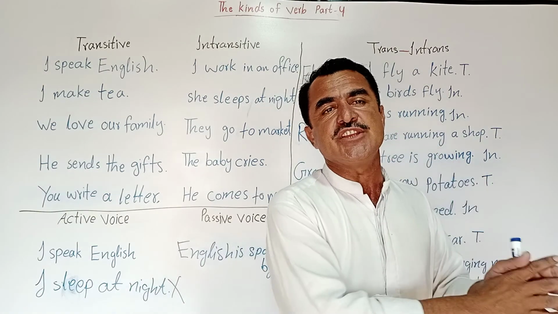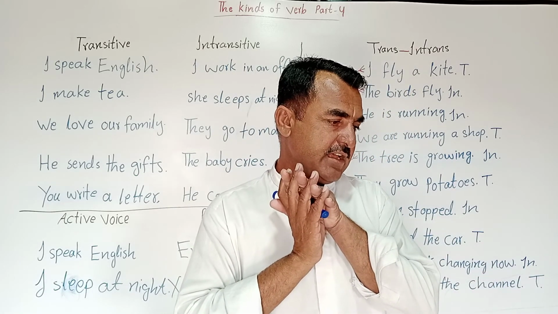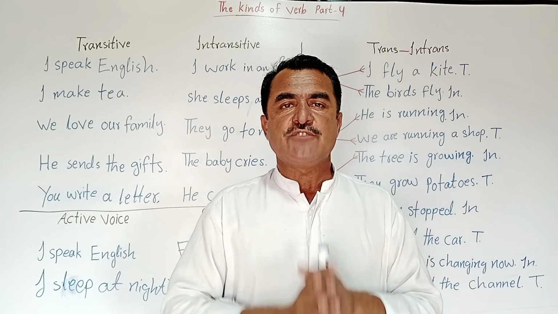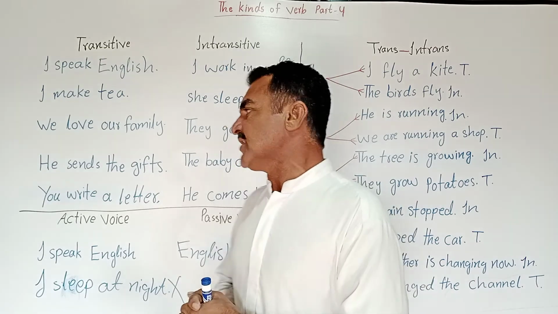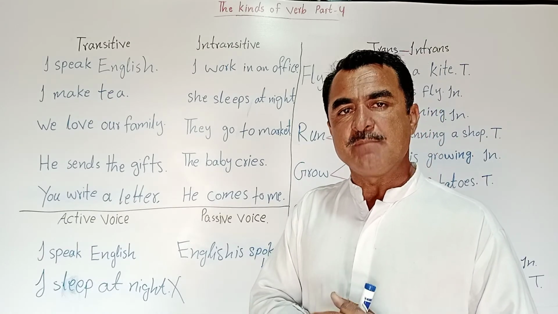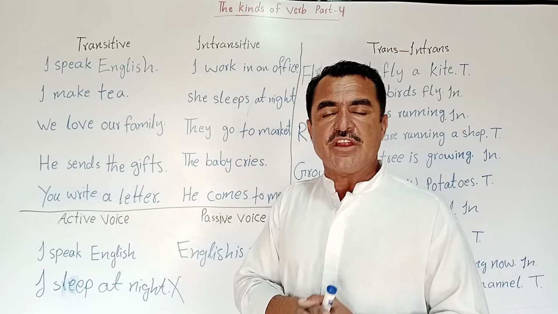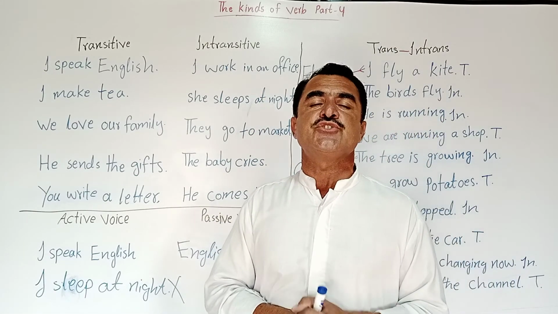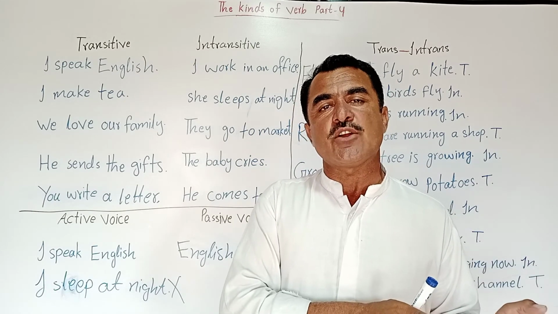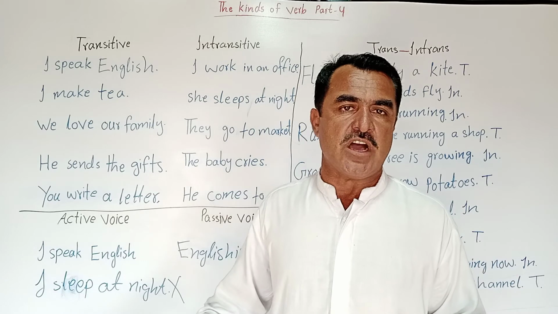Okay, to reach, or you can say to obtain, or access the object. Transitive verbs mostly are not used with prepositions. And intransitive verbs are mostly used with prepositions. Then you can say they have objects, but those objects are for the prepositions, not for the verbs.